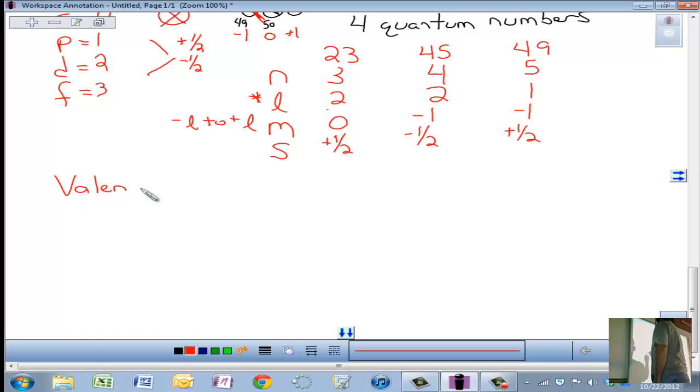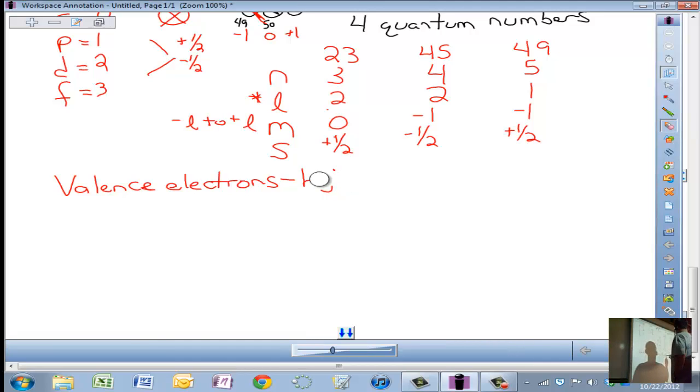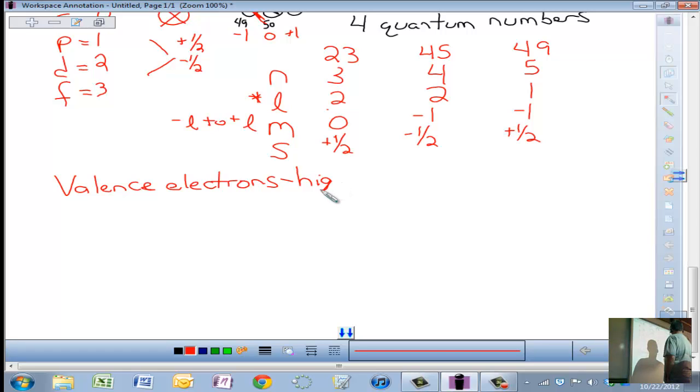Valence electrons are your highest energy level.